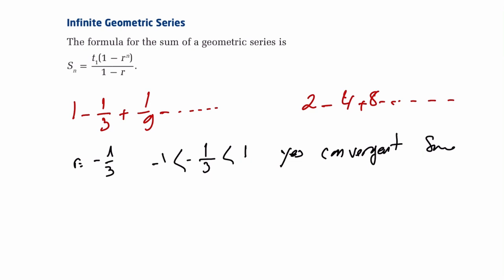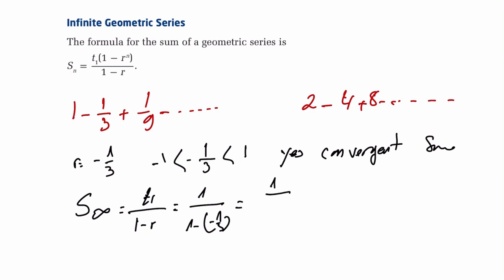To find the sum, I write S, the infinite geometric series sum, is equal to T1, the first element, divided by 1 minus r, which is 1 divided by 1 minus 1/3, which is 1 over 4/3, which is 3/4. So I just found the sum of my infinite geometric series.